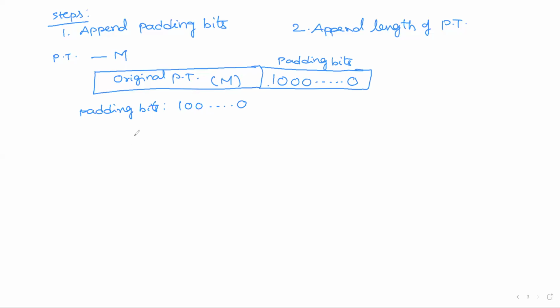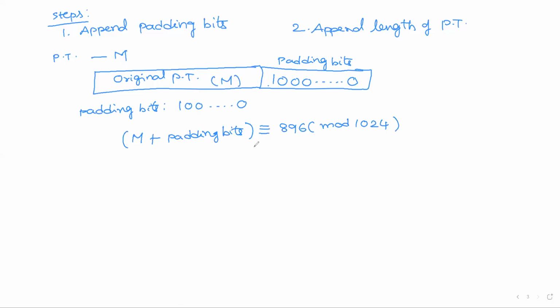The original plain text M contains some number of bits. If you add these padding bits, the total must be congruent to 896 mod 1024.